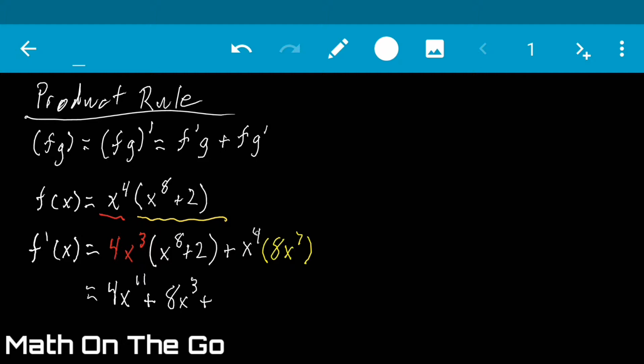Then we're going to just multiply our x to the fourth times 8x to the 7, which gives us 8x to the 11. And then we can simplify even further, clean it up, because we have 8x to the 11 and 4x to the 11, which gives us 12x to the 11 plus 8x to the third. And that is our final derivative.